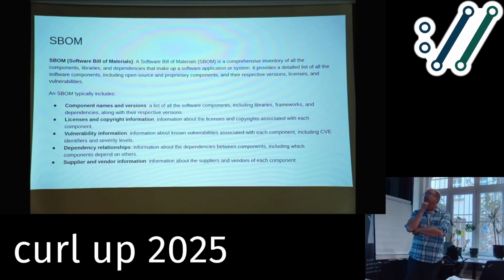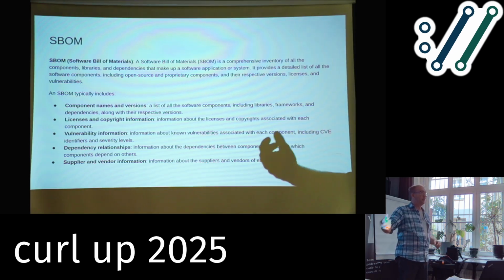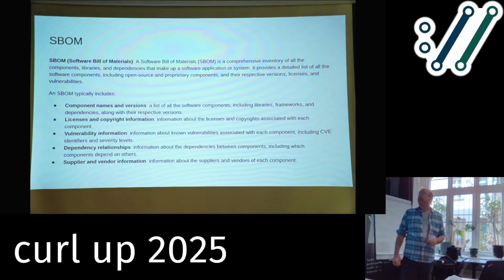SBOMs. Everyone knows what SBOMs are, right? I kind of think that we have build systems and they slough off all this metadata while you're building, and then you have the end result, which is the generated artifact. An SBOM can give you all of the transitive dependencies, how things are dependent on each other.